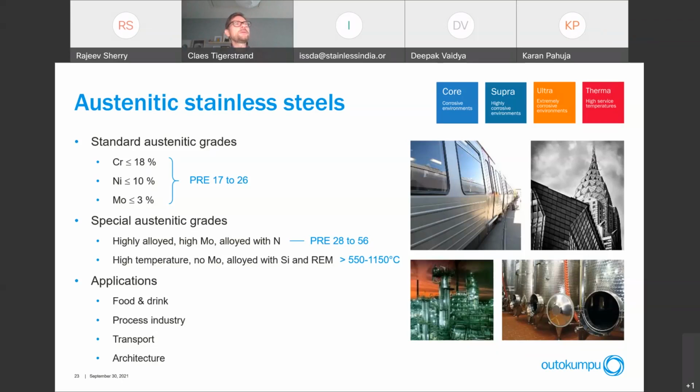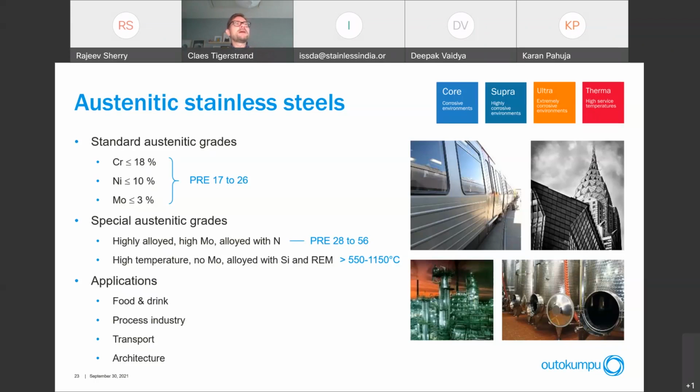But typically you have chromium content in the standard austenitics up to 18%. You have nickel content up to 10%, molybdenum up to 3%. So you can reach a PRE up to 26 for the Supra range there. But then you have the more, let's say, special austenitic grades.